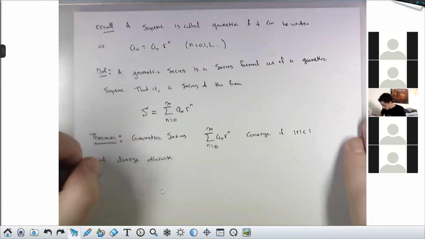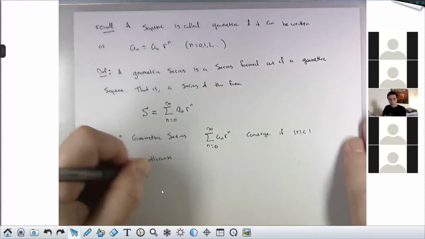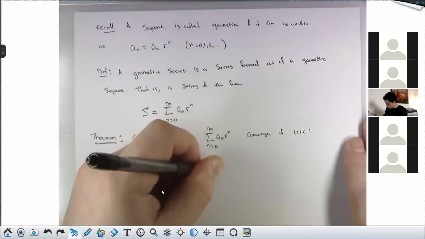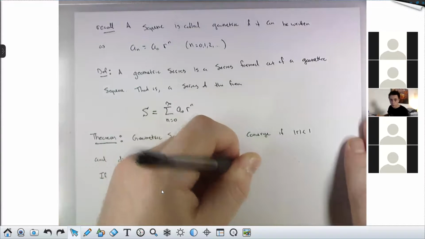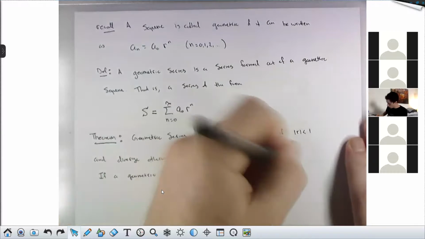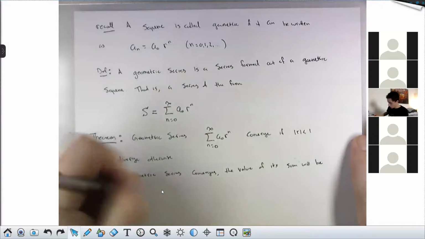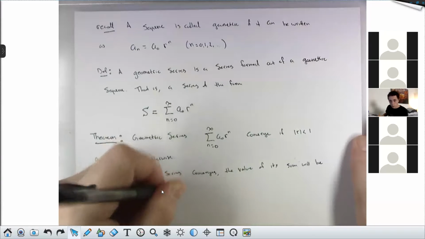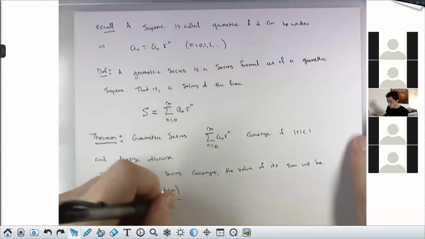In the event that they converge, if a geometric series converges, the value of its sum will be, remember it like this, the starting term divided by 1 minus the common ratio.